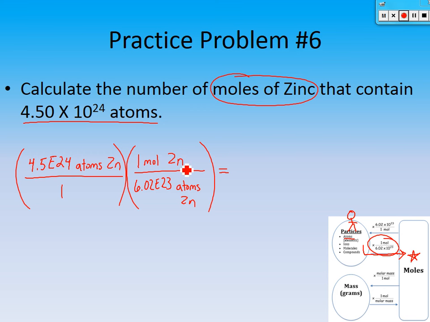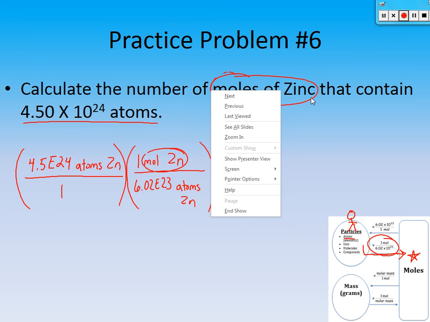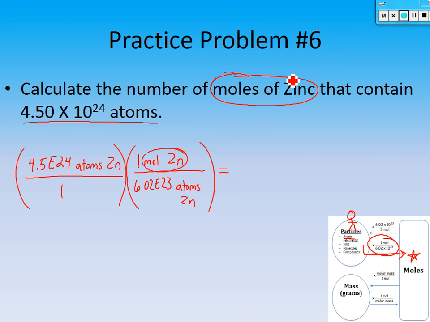Okay, now when you get to this point, our moles of zinc, we can stop because now our units here are at moles of zinc. Our atoms of zinc divided by atoms of zinc cancel out. And so now it's just a math problem. We've got this number times 1, which is itself, so 4.5 times 10 to the 24th divided by, what's 1 times Avogadro's number?